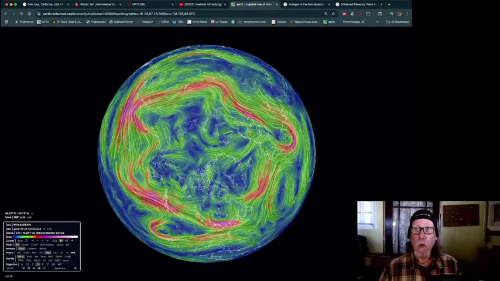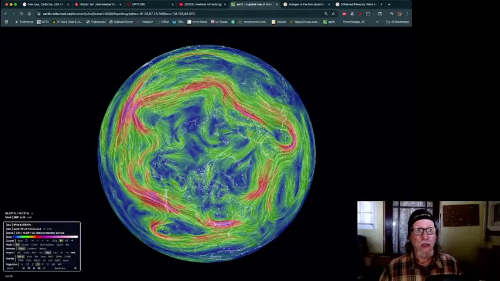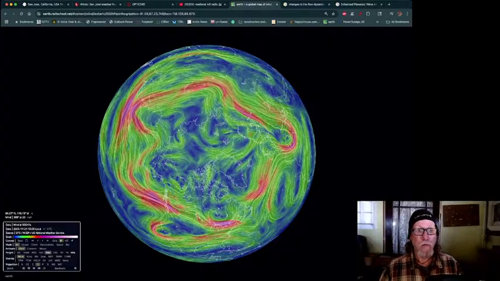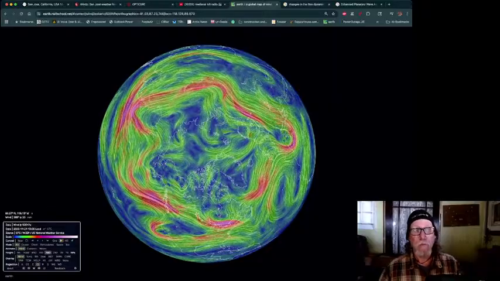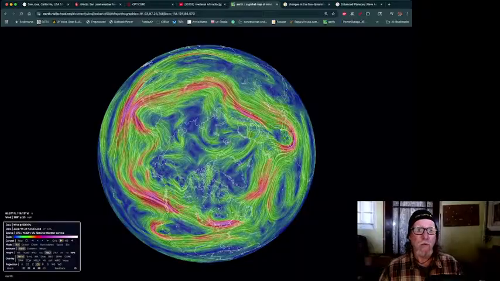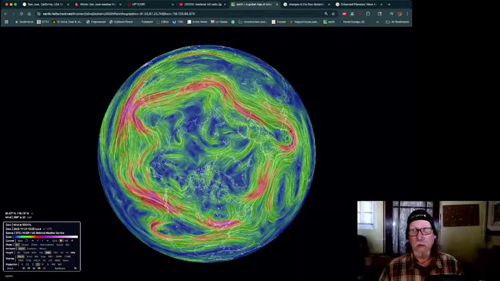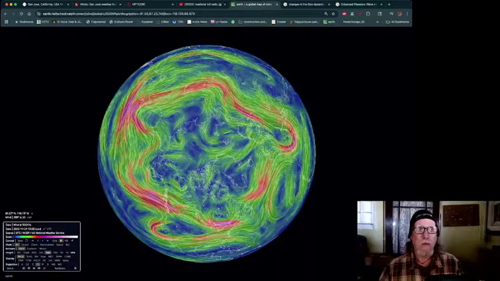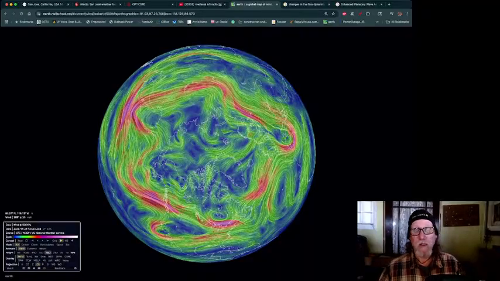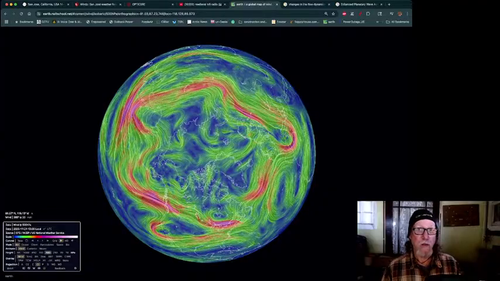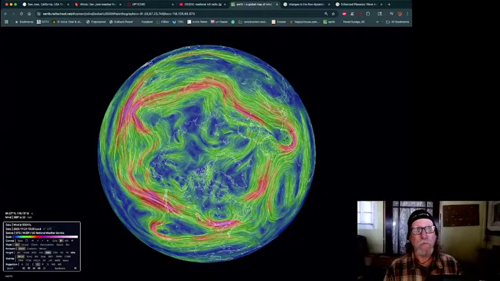This is not even polar anymore. This thing is behaving in the lower mid latitudes, like down around California, or really anywhere that's south of maybe 45 degrees north latitude. There's lots of places now that are being affected by the jet stream, and it's falling apart.